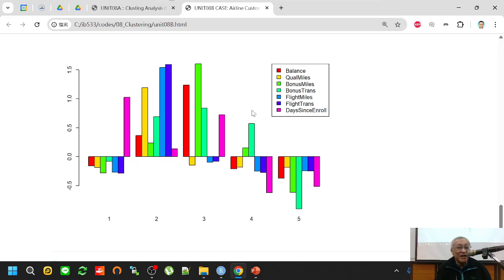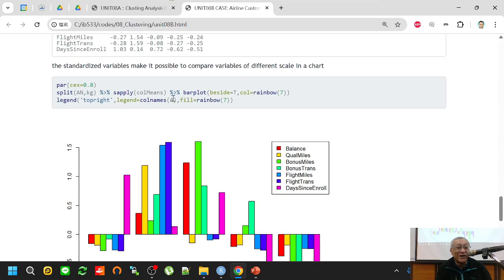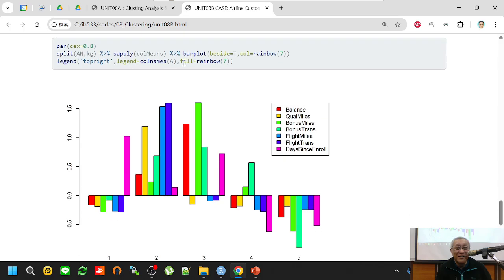Every color is actually a variable name. So you simply use AN, split them by kg, calculate their column means, and then plot a bar plot. So you have 7 variables in 7 colors, and because they are standardized, 0 means average, right?